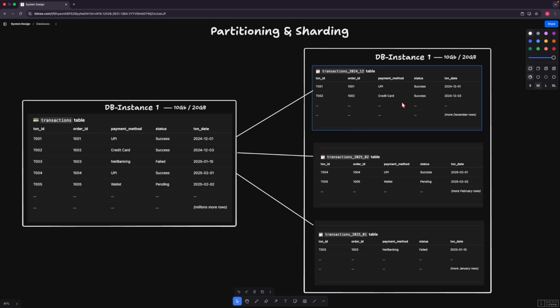For example, we can have the partition key as transaction date. So we can divide the table by different dates, with one date range in the first table, and the second and third ranges in the next tables, right? Like that, we divide one larger table into multiple smaller tables, and this division is called partitioning, and this happens within the same database instance, right?